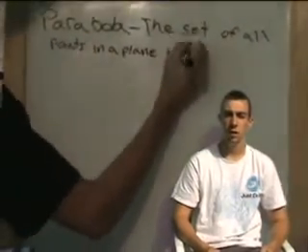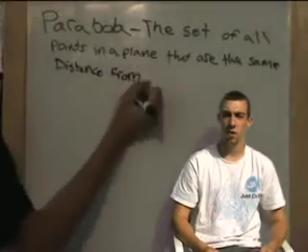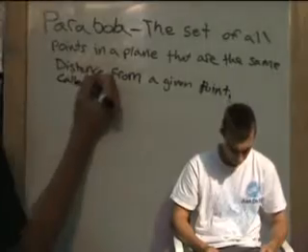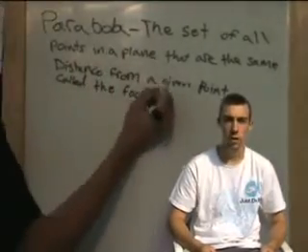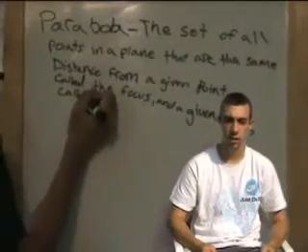P. Parabola: a set of points in a given plane that are all the same distance from a given point called the focus, and a given line called the directrix.